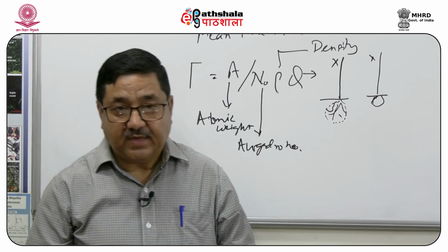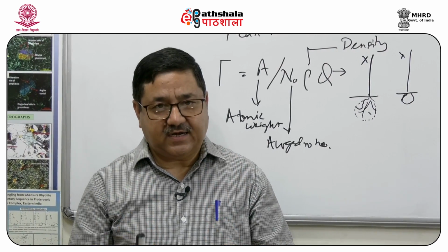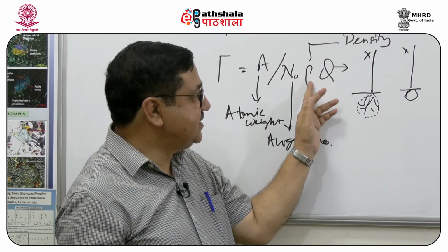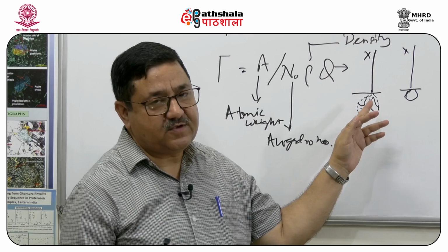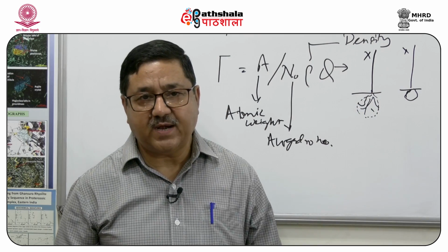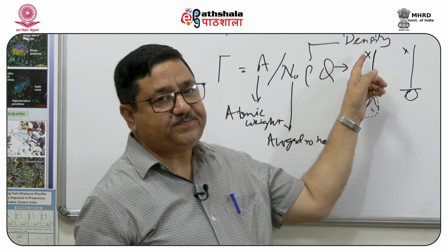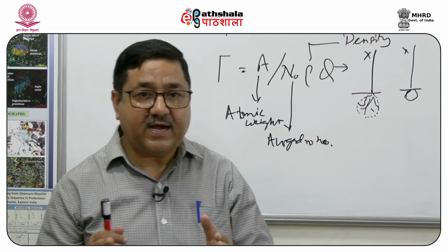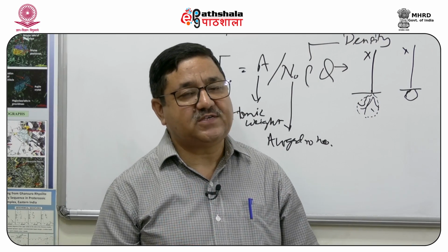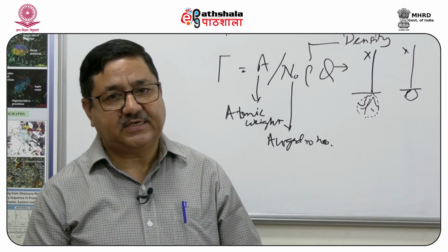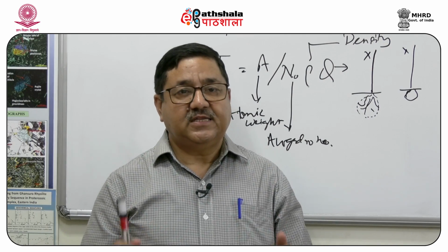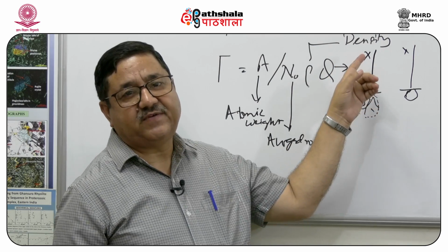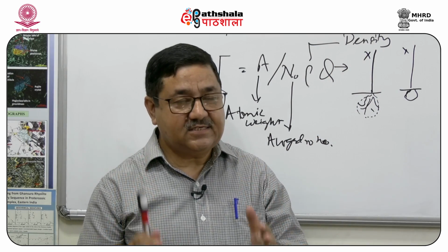So, therefore, the penetration of an electron beam will be a function of the density, normally expressed in terms of atomic number for different quantities. If we increase the energy of this incident electron beam, the penetration will be to a greater depth. So, the two things which control the depth of penetration, or in other words the interaction volume, are the incident energy as well as the density of the material.